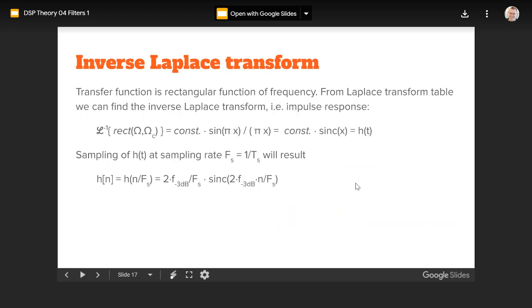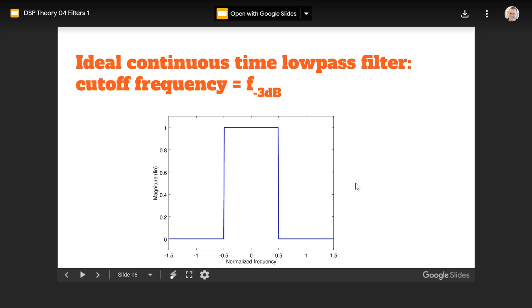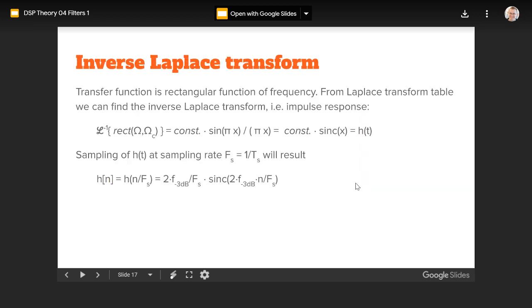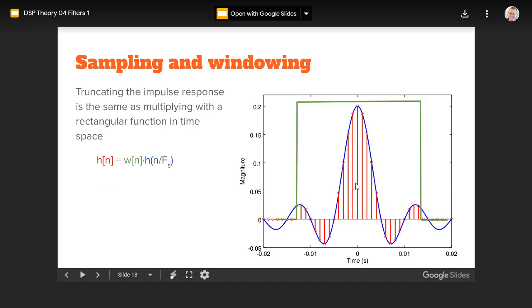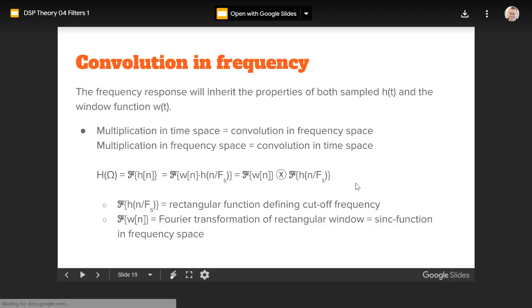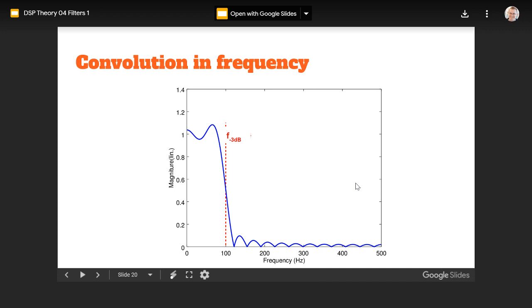So we started with the ideal case of box type, which passes only the lower frequencies, not the highest at all. Inverse Laplace transform, sample it, and multiply it with a window to get a finite impulse response, and that's what you get.